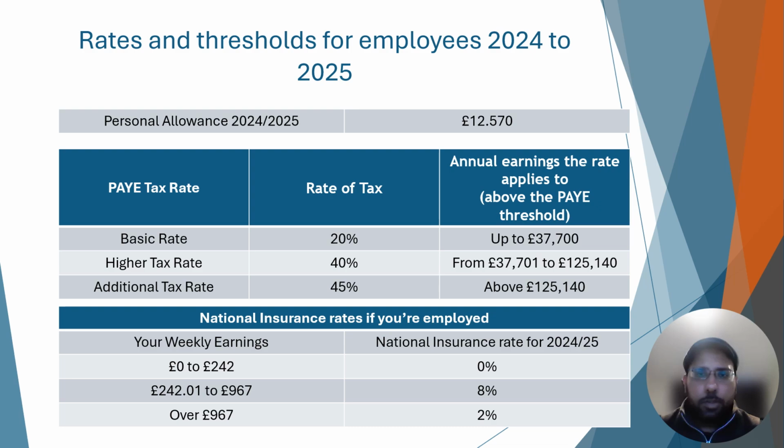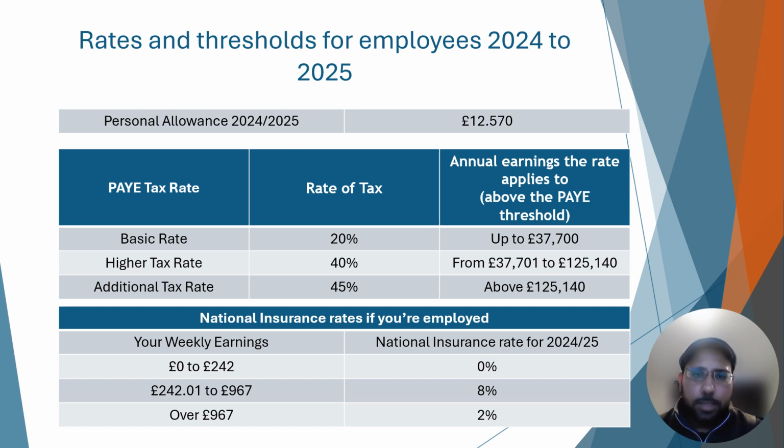When we talk about personal allowance, you don't have to pay tax on this amount. So if you only earn £12,570, you do not have to pay tax on that. Not 5%, not 10%, nothing. But every pound you earn outside of that, that's when the taxation begins.